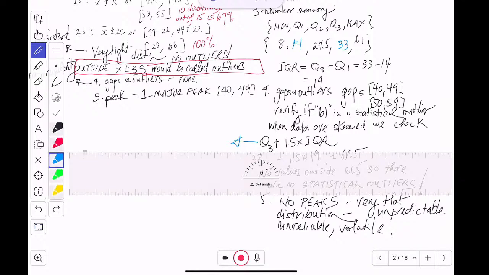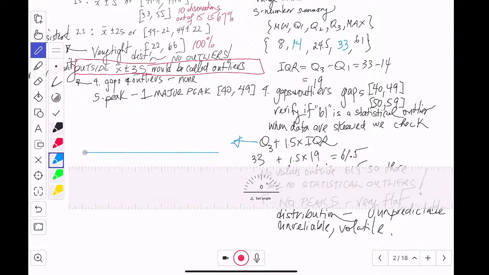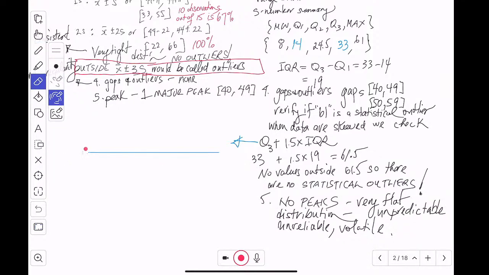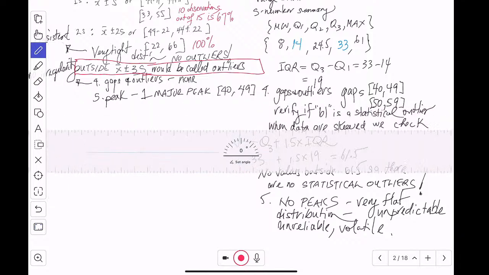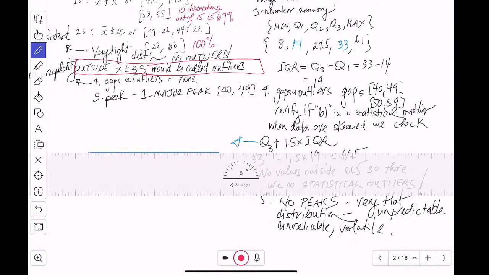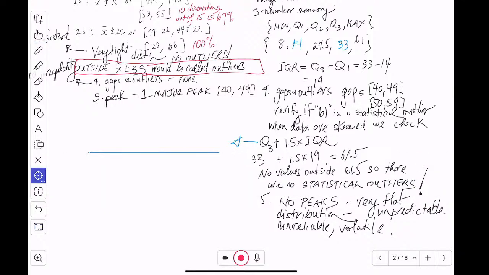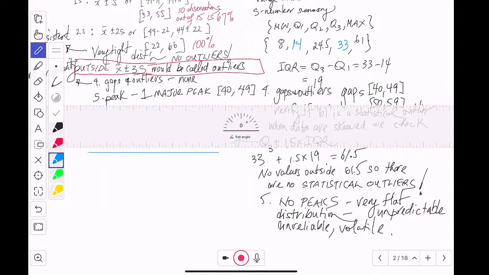Oops. And then I mark 8 to 61. How would I do that? Okay, so let's see. So, oh, every time I touch something, I lose a ruler.